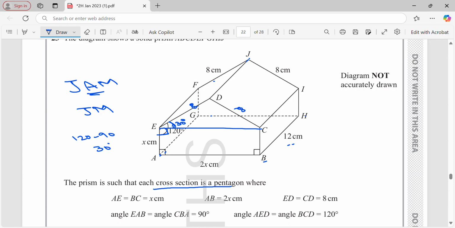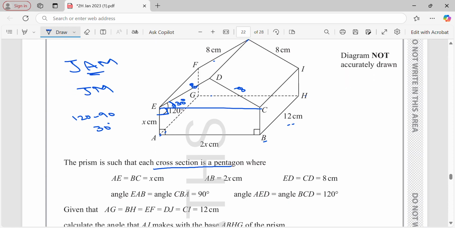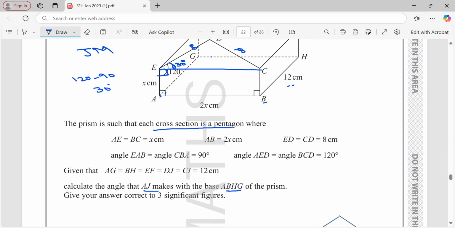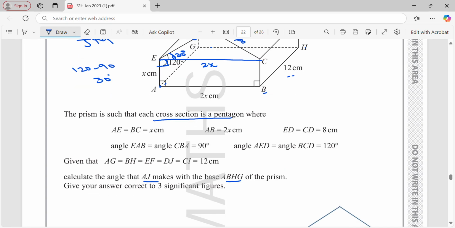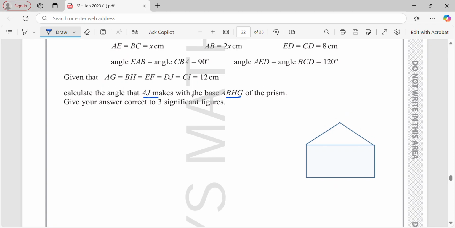So I have a non-right-angled triangle. For this, we can use the cosine rule, and I can find the value of x, because this length is 2x. Let's label the sides: this is 8, this is 8, this is 2x, and this angle is 30 degrees. Let's use the cosine rule here.